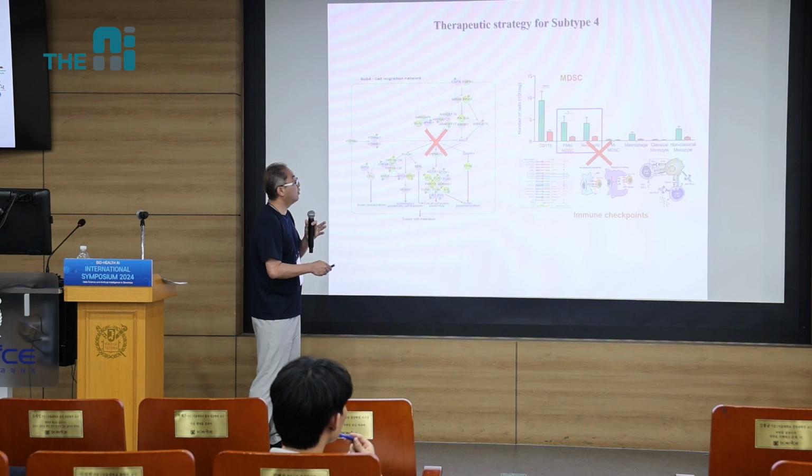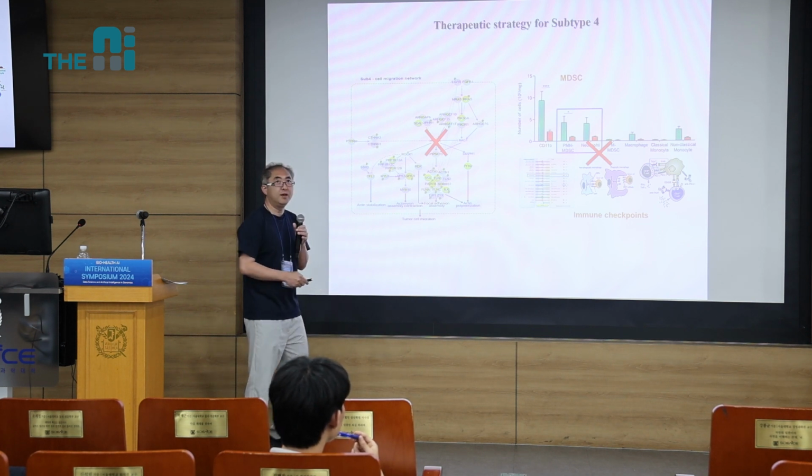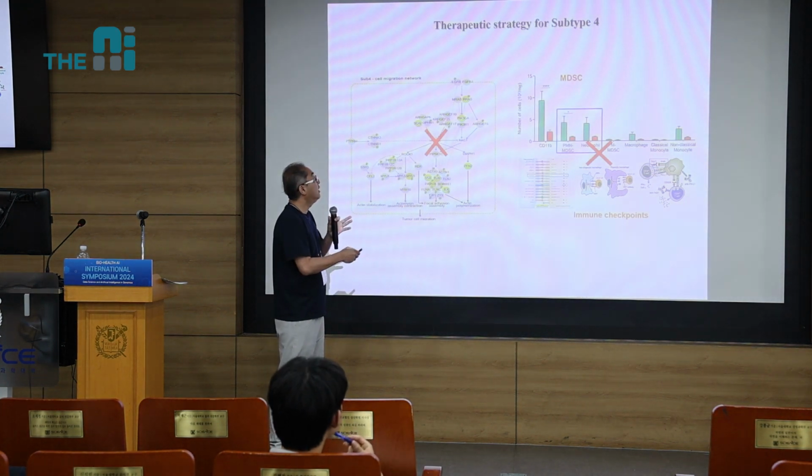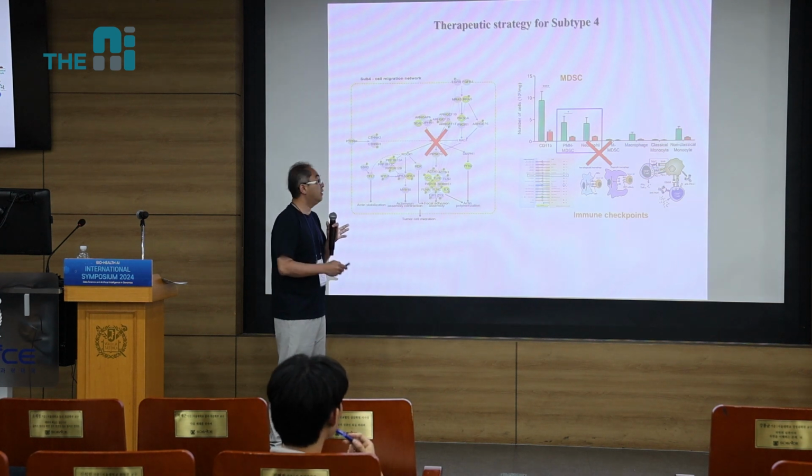And by looking at why these kinds of tumors became immune cold, you can suggest many molecules, right? The myeloid-derived suppressor cells, this is the innate immunity level. Inhibitors of the T cell activation, cytotoxic T cell activation, and immune checkpoints.